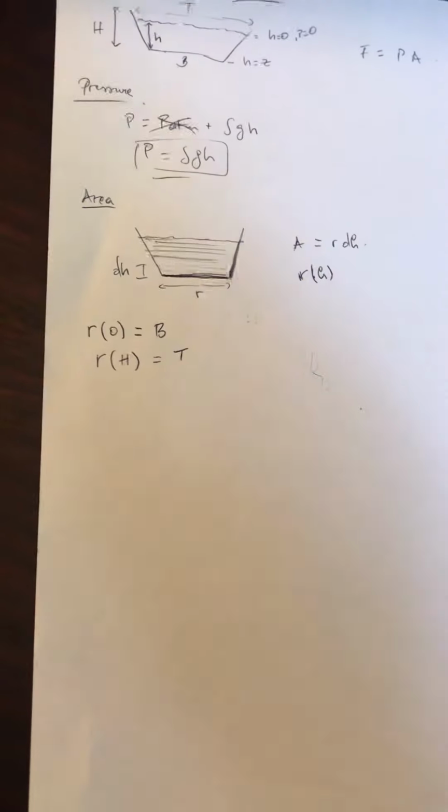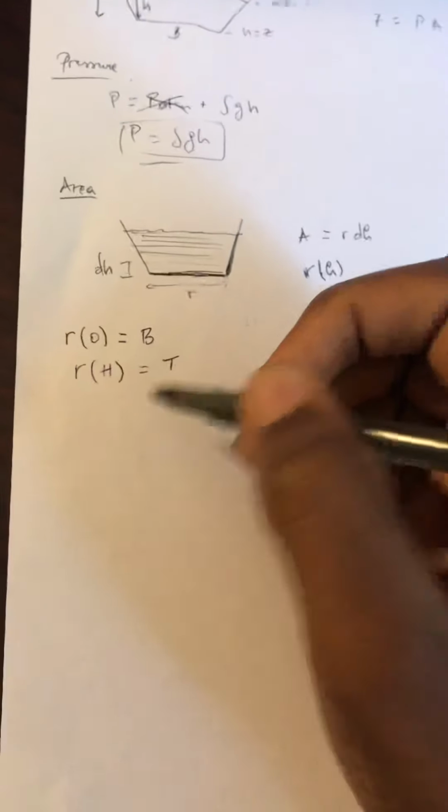the width changes linearly, we have to use the slope, and the slope is rise over run.